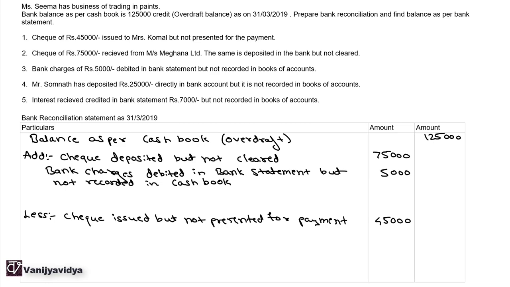So to that extent our overdraft balance in our cash book is greater as compared to the bank statement. So in the bank reconciliation statement, we have to reduce this amount of 25,000. Let's prepare a working note for this.